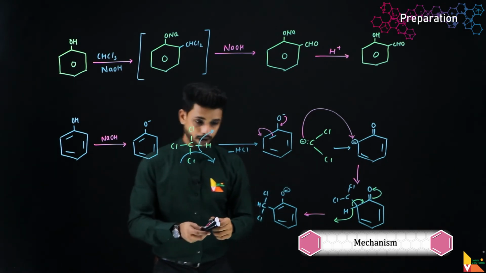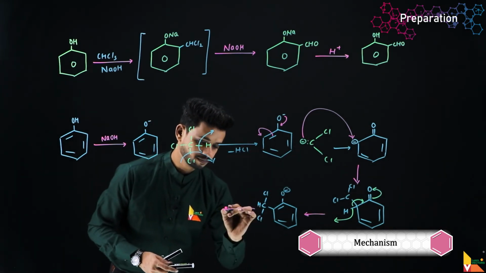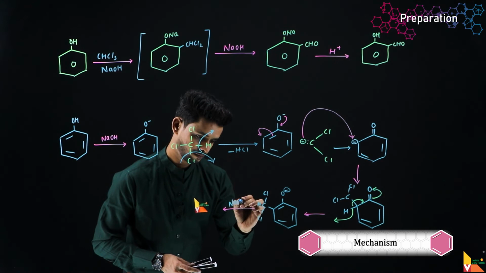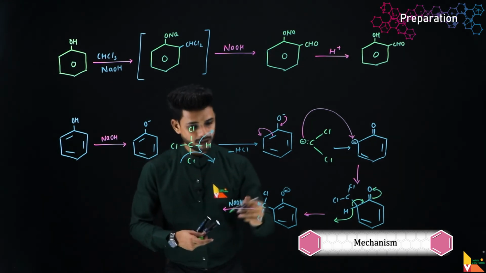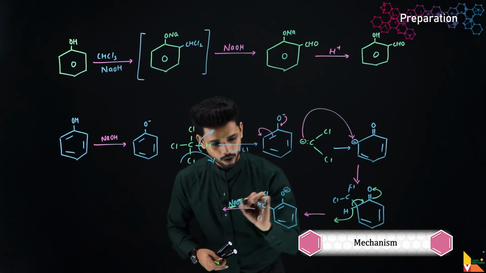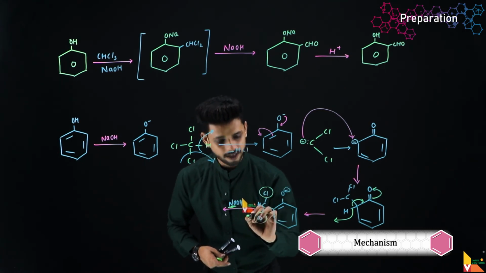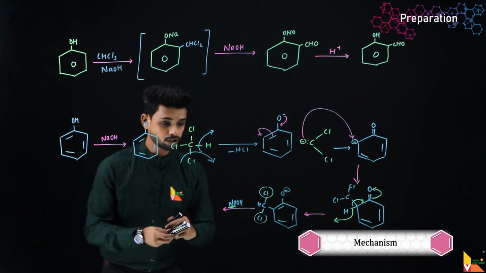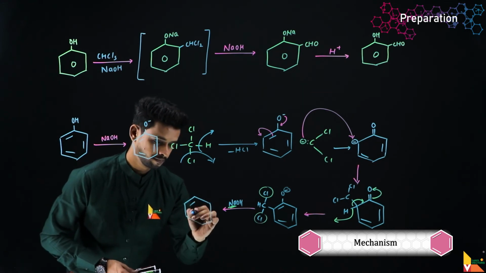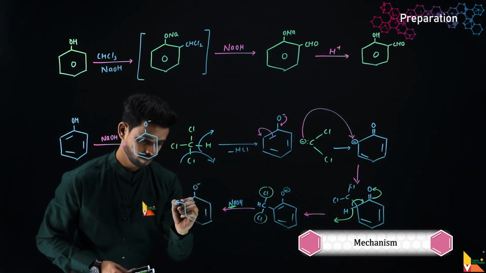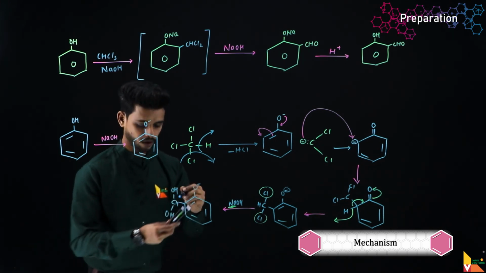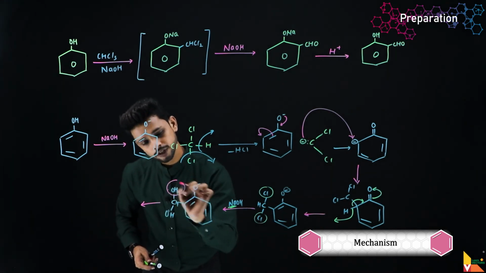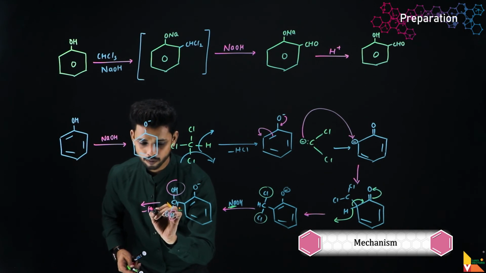Okay, now after this part, we will again react it with NaOH. So on reacting with NaOH, what will happen? The Na will take this Cl away, and the chlorines will be replaced by OH. So the structure now looks like this. Okay, now we will simply try to remove this OH and this H as a water molecule.